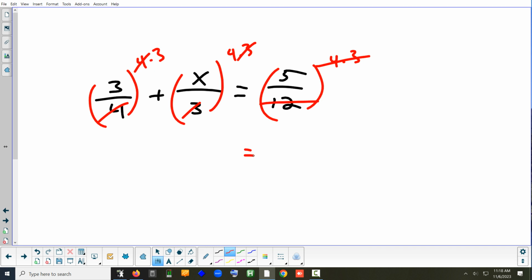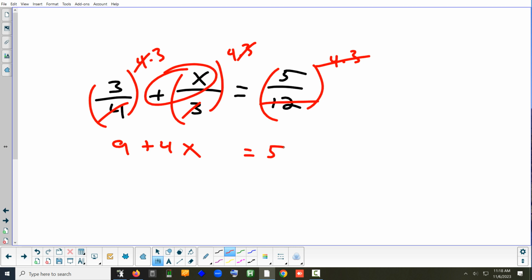And now we have numbers. So 3 times 3 is 9, plus x times 4, and on the other side, it's just 5. That's a much easier equation to solve than what we started with. But that's the general idea. Any questions how I got rid of my denominator?